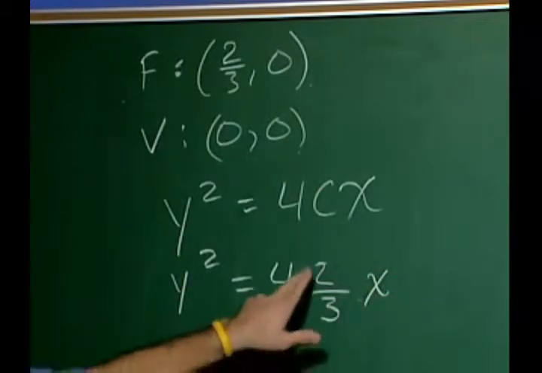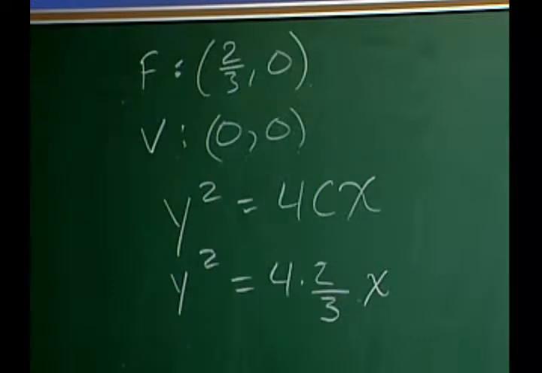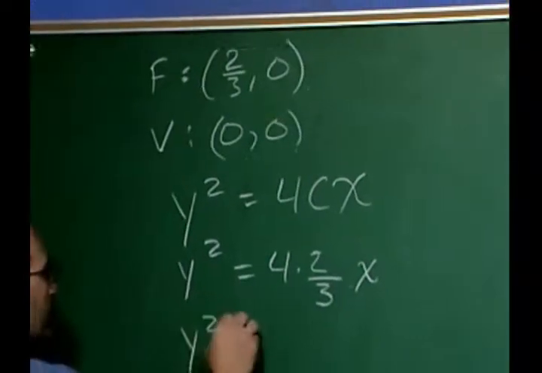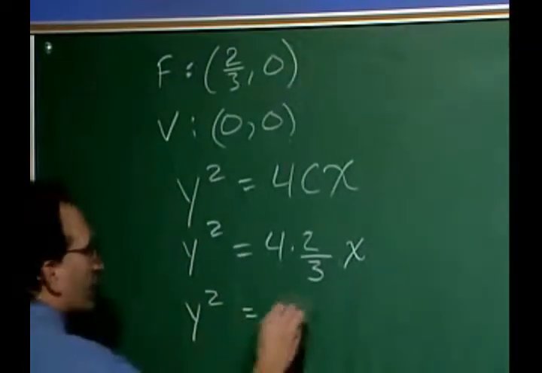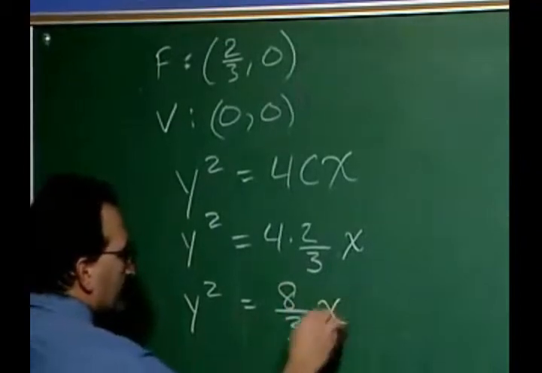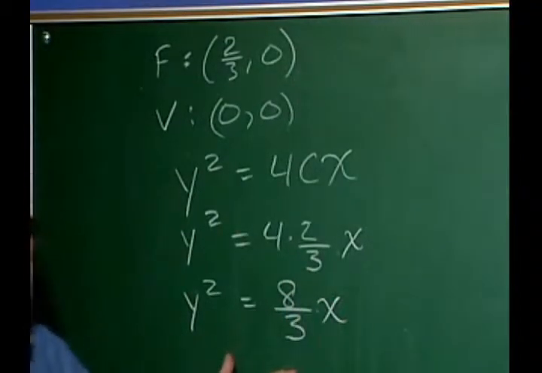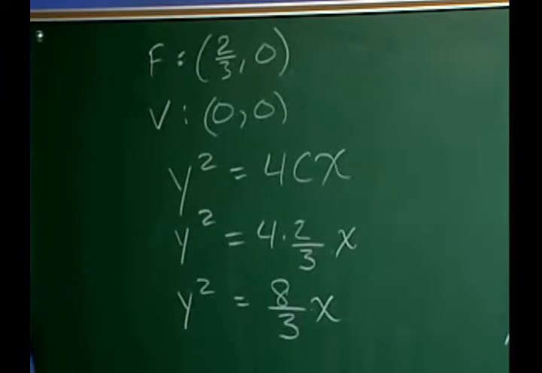And so 4 times 2/3 times the x, and then y squared will be equal to 8/3 times x. And that would be the equation of that parabola.